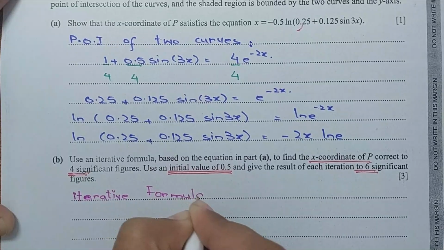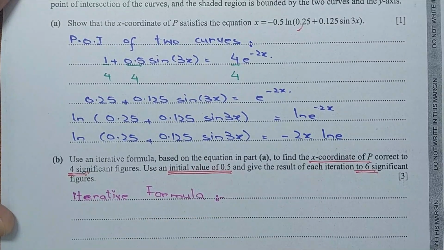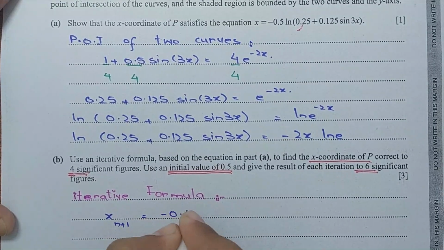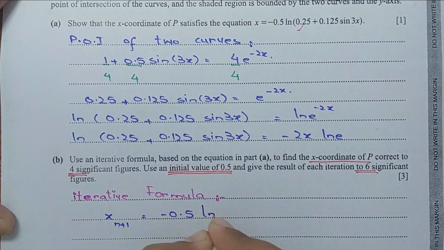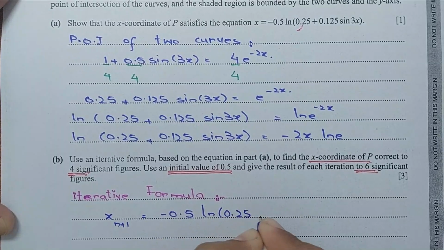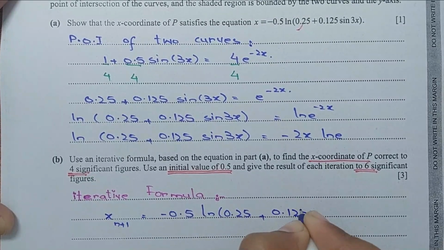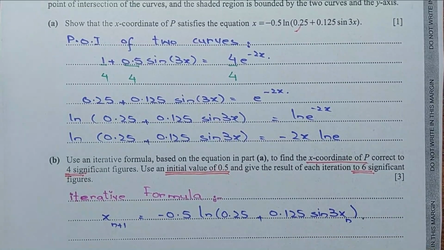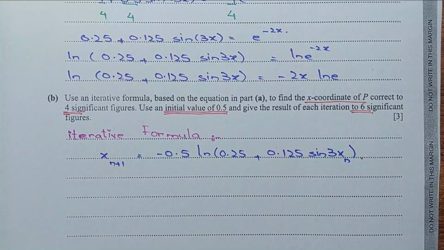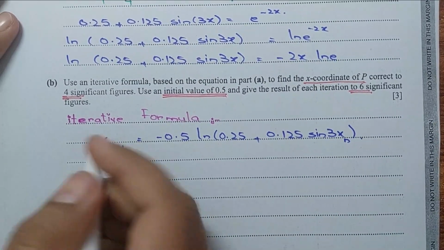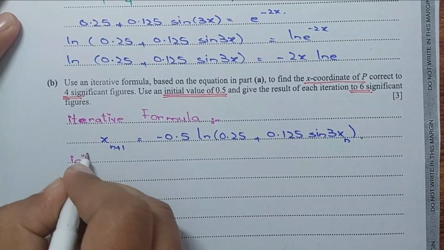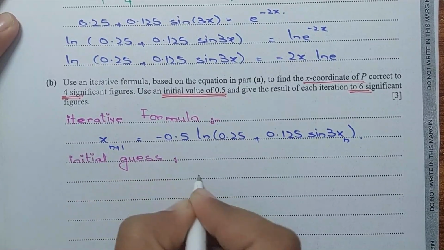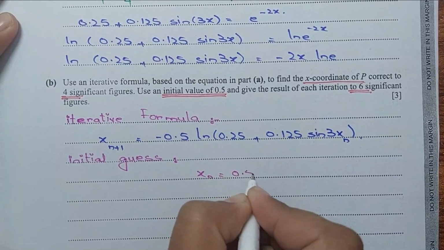The iterative formula is x subscript n plus 1 equals minus 0.5 natural log of 0.25 plus 0.125 sine 3x subscript n. We are given the initial guess x naught is 0.5.